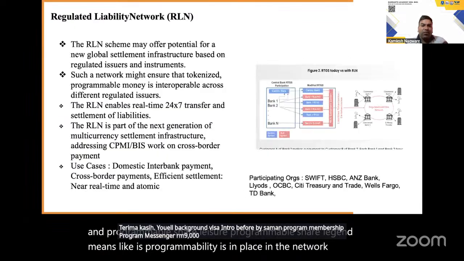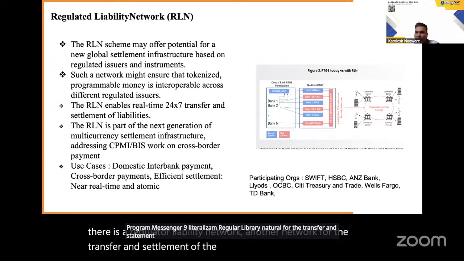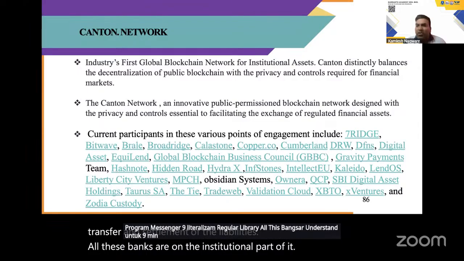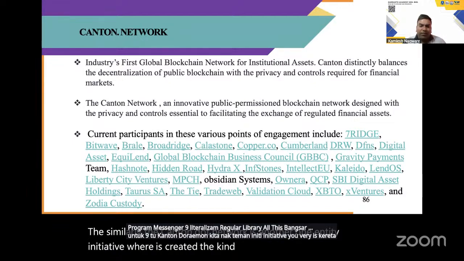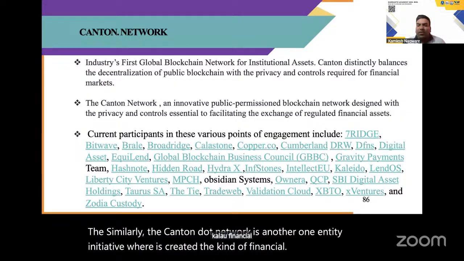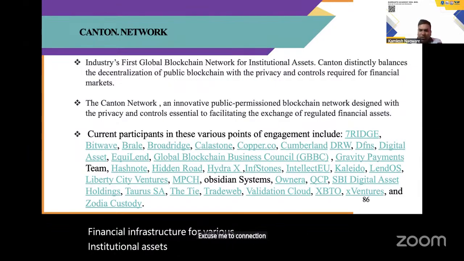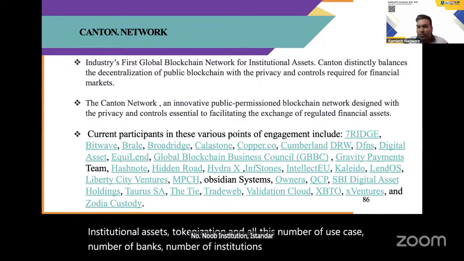Similarly, there is the Regulated Liability Network, another network for the transfer and settlement of liabilities. All these banks and institutions are part of it. Similarly, the Kinexys network is another initiative, creating a financial infrastructure for institutional asset tokenization, with a number of use cases, banks, institutions, startups and innovators as part of it.